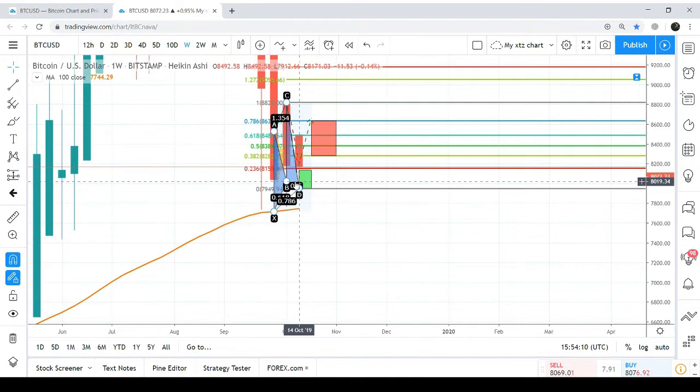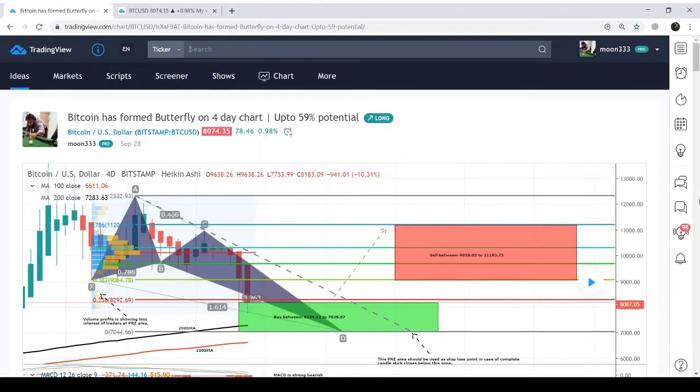Now let's move to that chart. This is my 4-day chart I published on the 28th of September. I have also published a video on this chart on my YouTube channel. On this chart you can see the price action formed a bullish butterfly pattern and entered this potential reversal zone.